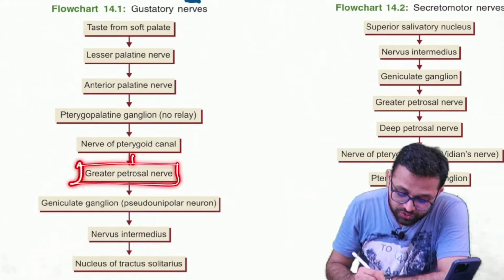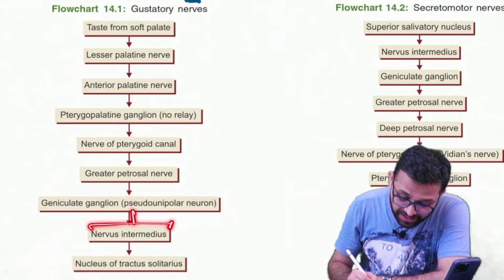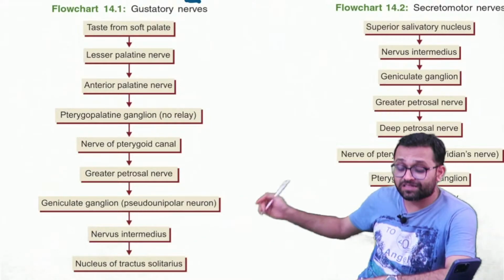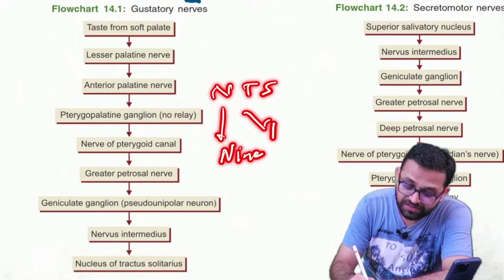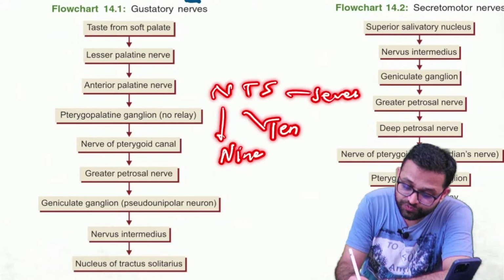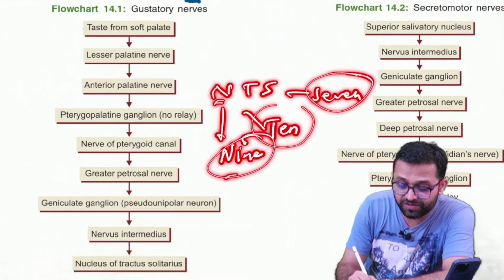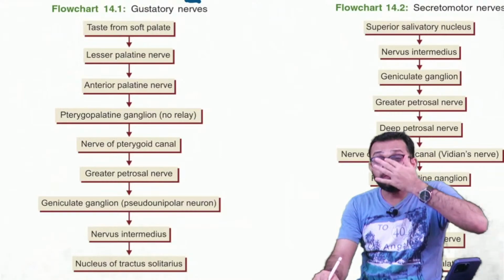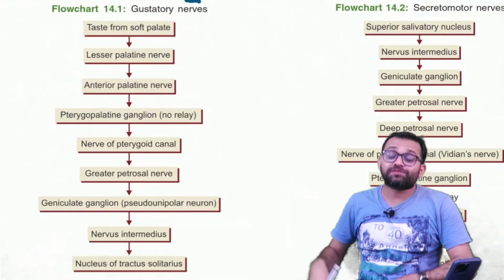Now the impulse goes to the greater petrosal nerve, then reaches the geniculate ganglion, then the nervus intermedius, then the nucleus of tractus solitarius. The nucleus of tractus solitarius, NTS: N for 9, T for 10, S for 7. This is the mnemonic. So this is our taste pathway. In this way it is carrying the impulse. It is a sensory pathway.